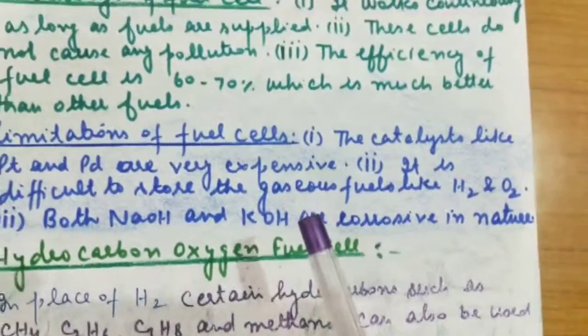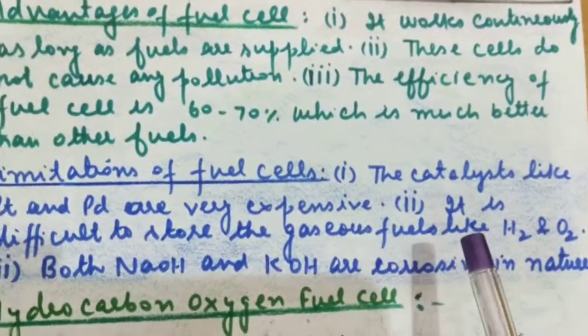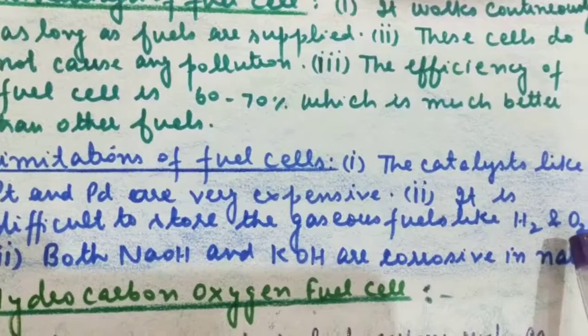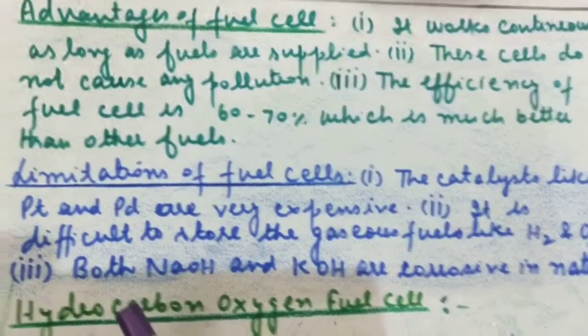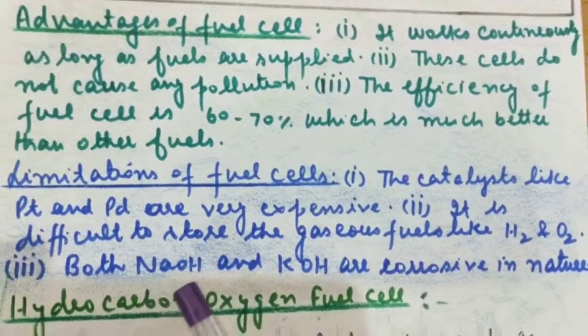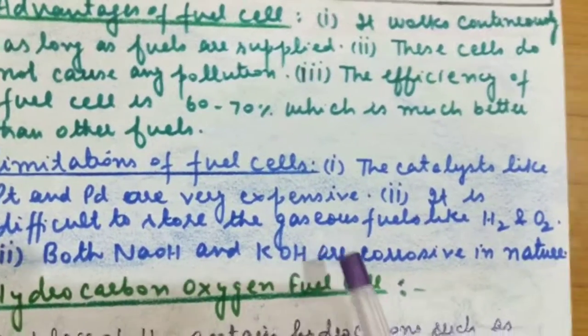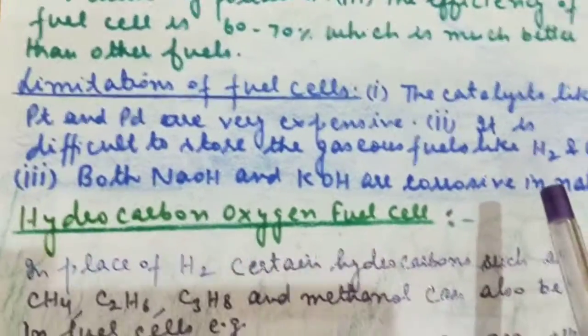Therefore, at very low temperature, these gases are first converted into the liquid state. Both chemicals, sodium hydroxide or potassium hydroxide, used as electrolyte, are corrosive in nature.